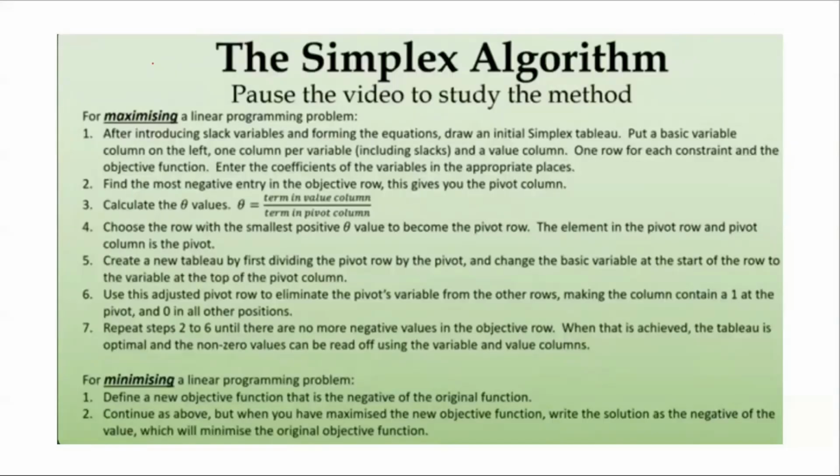Good. So I just had to go and grab these slides from another writer. Again, here are some steps that we use to execute the simplex algorithm, so that we can get our maximum or minimum value for our objective function.